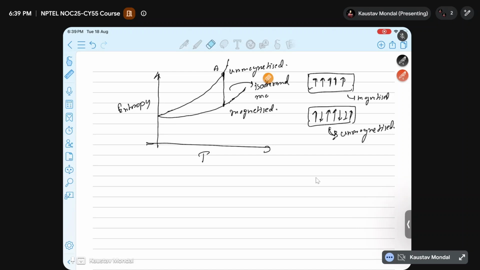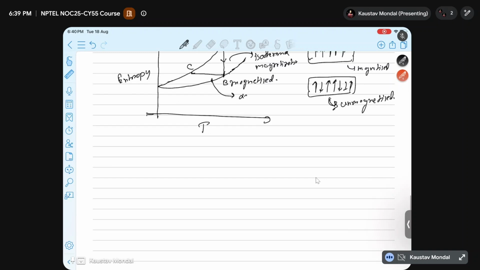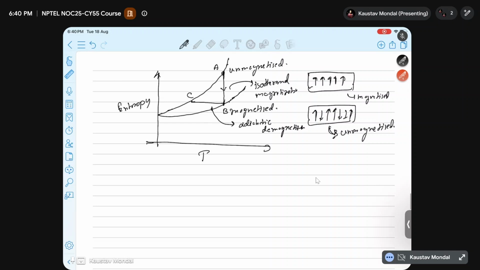Now from A to B, then B to C: the entropy remains constant, but the system goes from magnetized to unmagnetized. This process is known as adiabatic demagnetization.